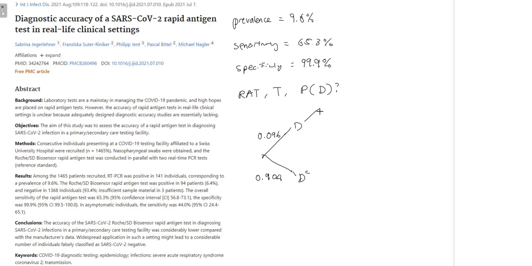Their sensitivity was 0.653, and then 1 minus that, 0.347. So that's true, that's false. And their specificity was quite good at 0.999. That's false, and therefore 0.001 is true.